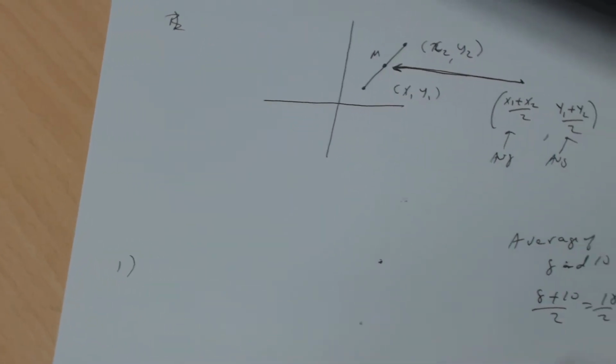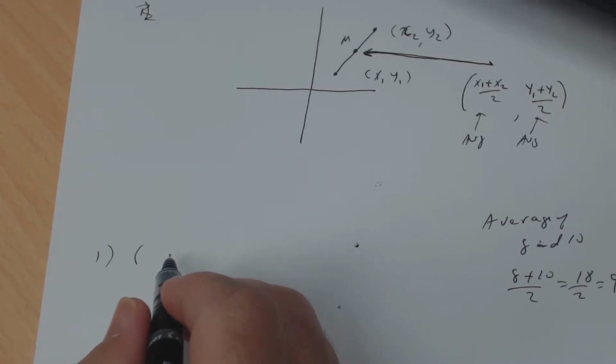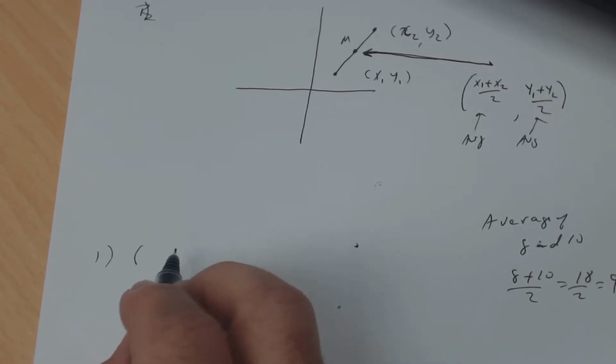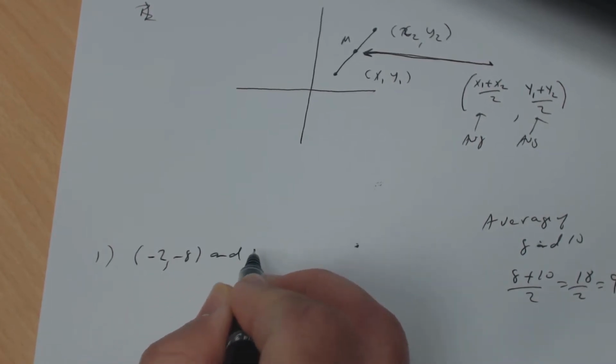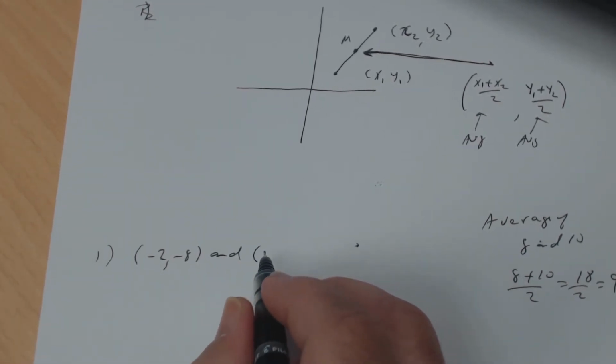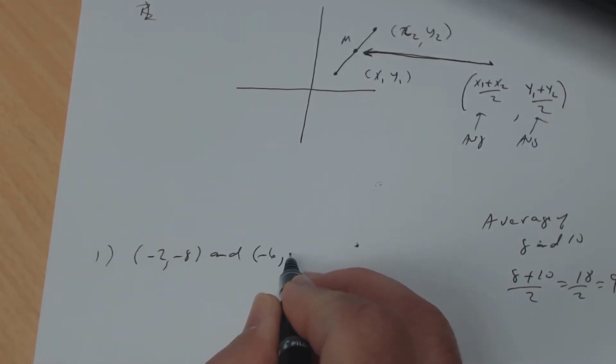So let's look at this example. Find the midpoint. We're looking at, let's say, -2, -8, and -6, comma, -2.